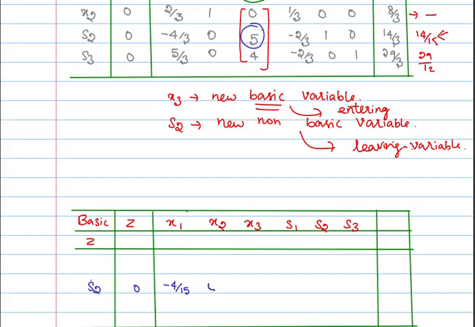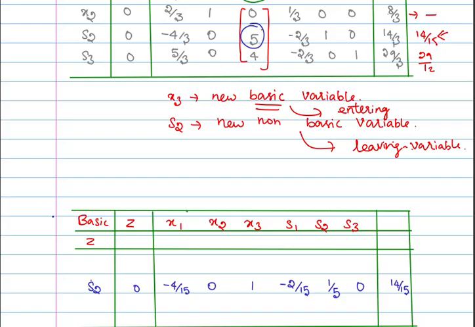So 0, this is 1, this is minus 2 over 15, 1 over 5, 0, 14 divided by 15. That is our new row.